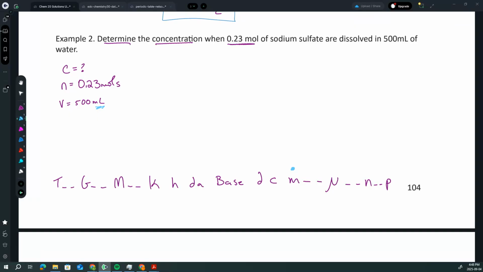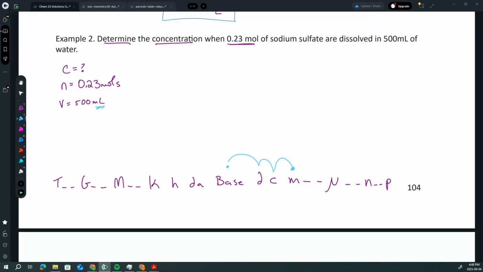So essentially what we want to do is figure out where we're starting, which is why I wrote this dot right here, and then figure out where we need to go to. Since liters is a base unit, and we know that because it doesn't have one of our prefixes attached to it, that's how we know we want to go to our base units. We start with where we're at, milliliters, and then we count how many spots and in what direction we need to go to get the units that we want.